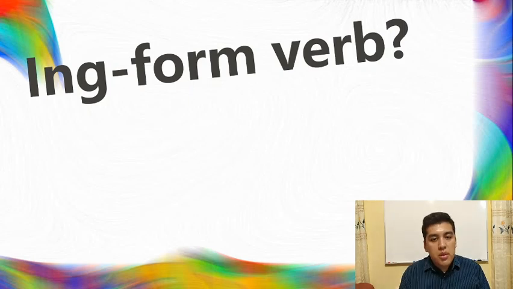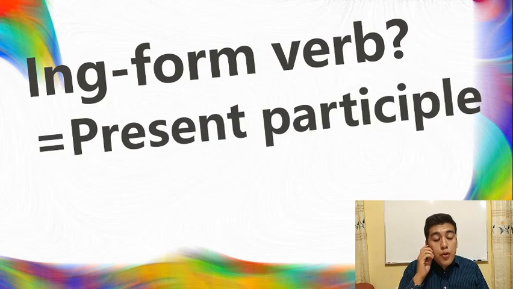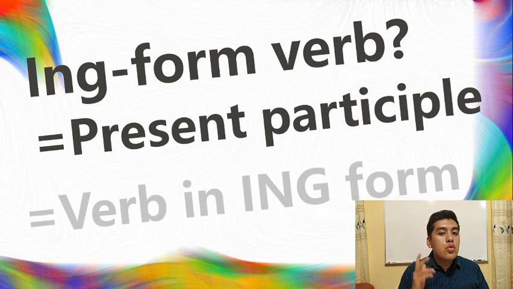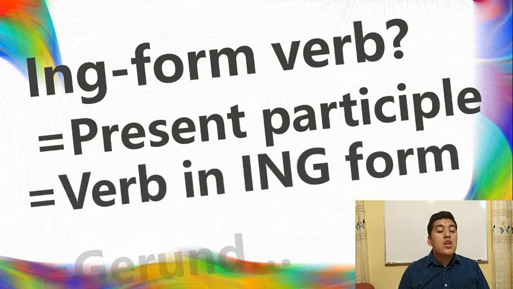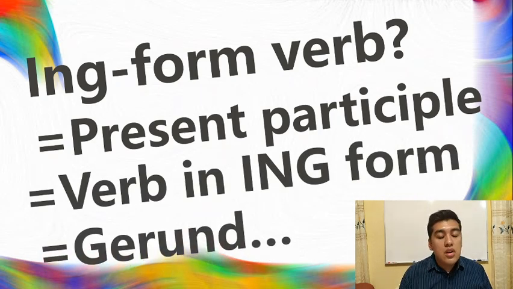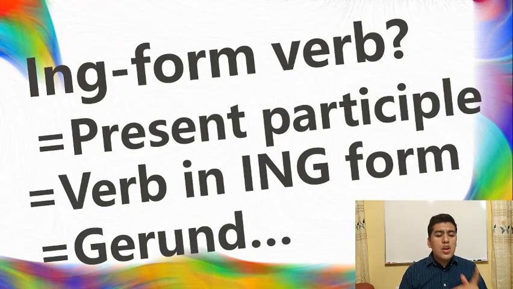What is the ing form verb? Sometimes we note it as present participle, maybe verb in ing form, or sometimes we can find it as gerund. In this case we have the verb in base form, or base form verb, which is the same. Work, not to work, just work.